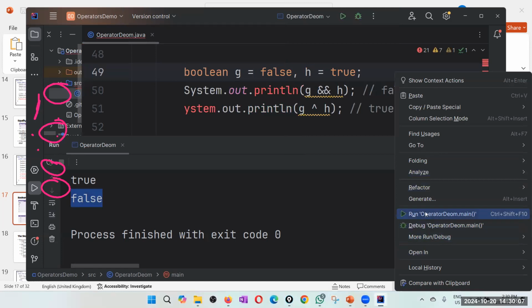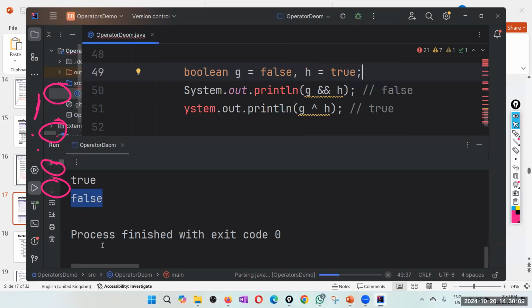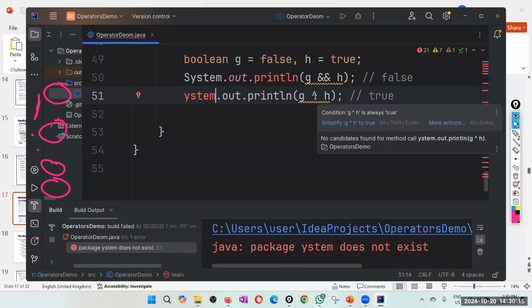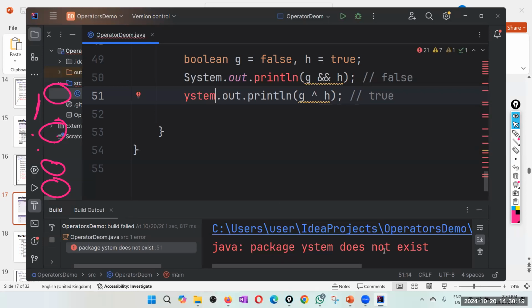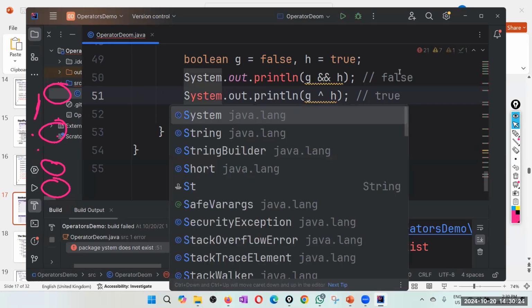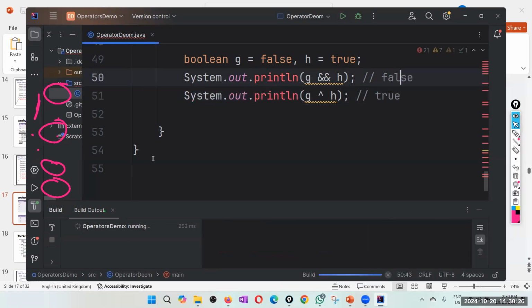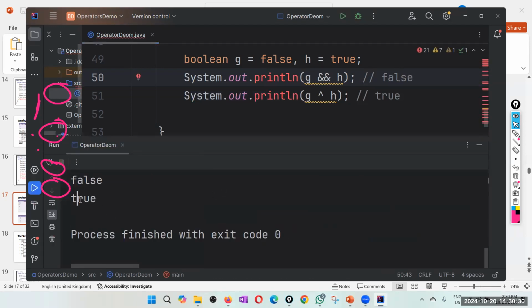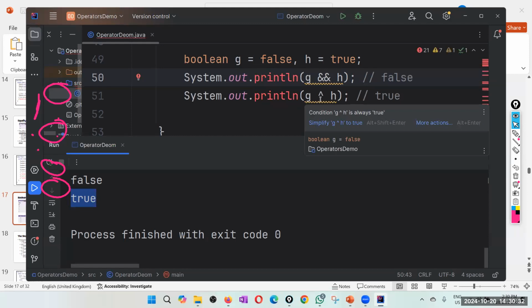So the final output must be true again. Okay, why is that? Sorry, G and H. System, typing mistake, system. Fine. And now it is true, because false XOR true is true.